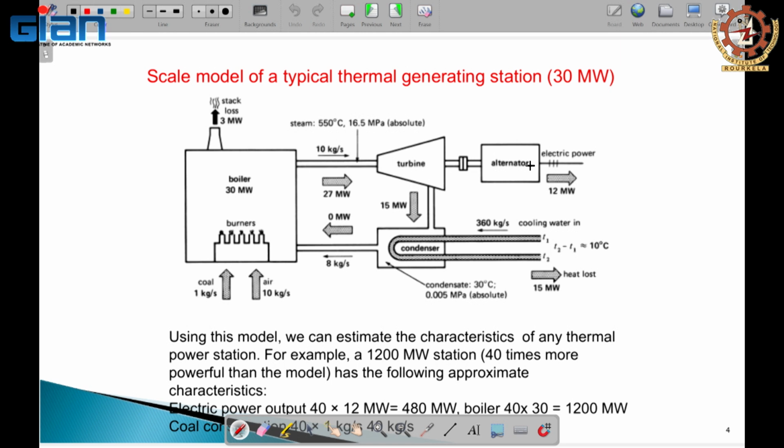Can you do this simple calculation? Yes or no? Is it difficult or easy? No integral, no differential, simple, no scientific calculator, right? So you can get a feeling of how much coal will be burnt. Okay. Then, of course, when you are burning the coal, it is burned with the air.